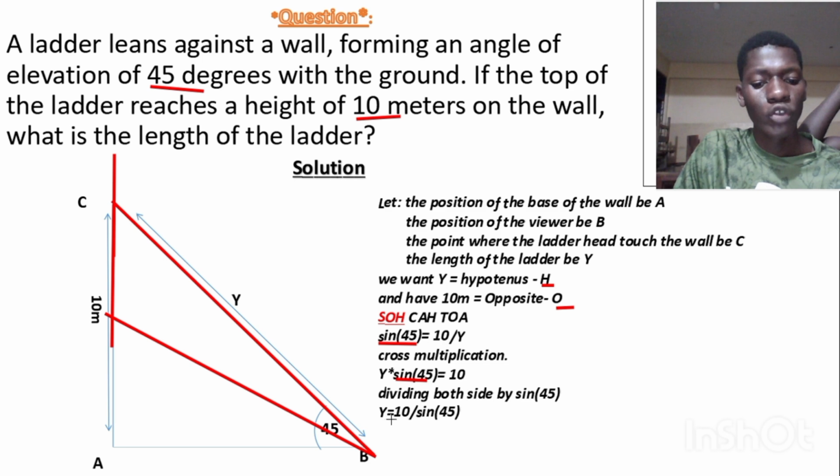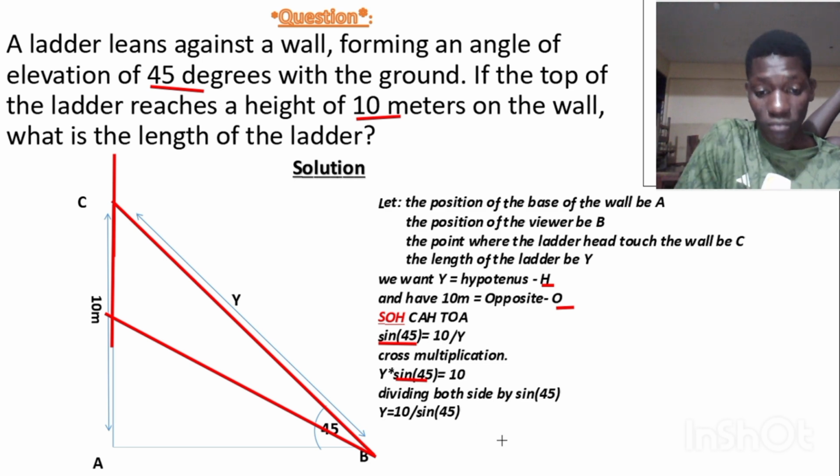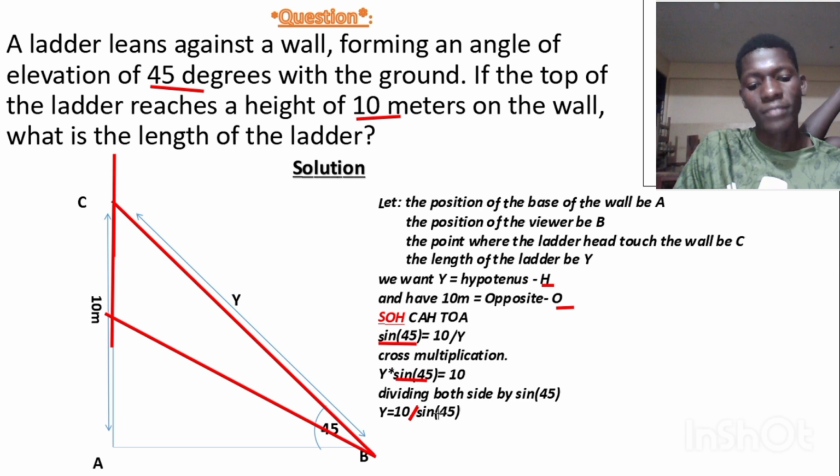So y should be equal to 10 over sine 45. The calculator will give us y equal to 14.14 meters.